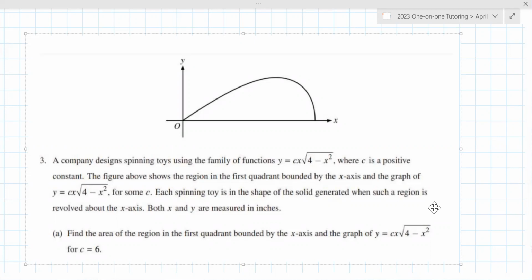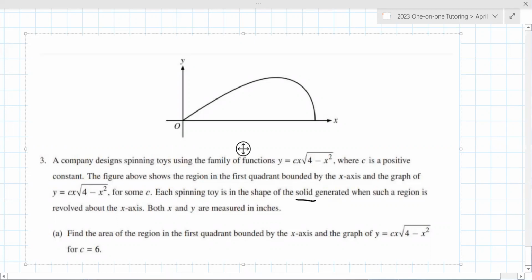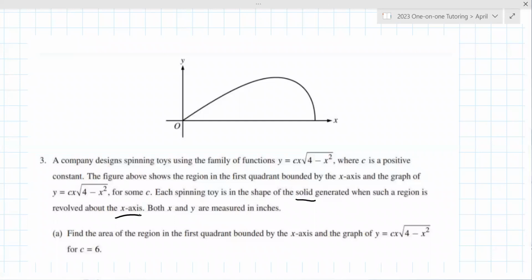Each spinning toy is in the shape of the solid generated when the region is revolved around the x-axis. Both x and y are measured in inches. Find the area of the region in the first quadrant bounded by the x-axis in the graph of y equals cx square root 4 minus x squared for c equals 6.